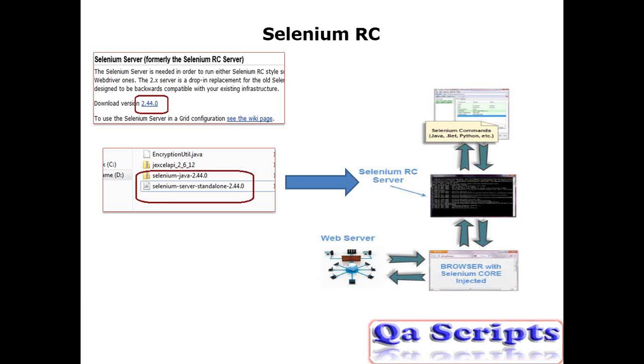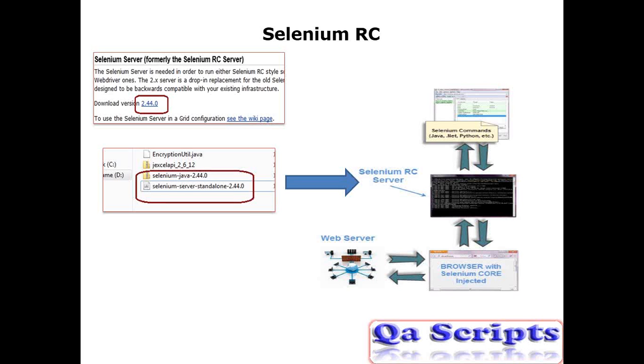So here think that Eclipse, which has the scripts, is the Indian businessman. He doesn't know the Chinese language. Here let us consider the browser is the Chinese businessperson.